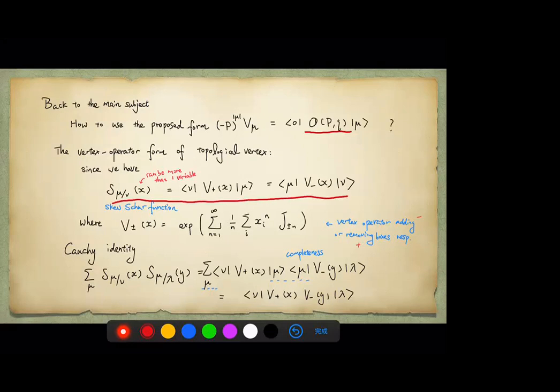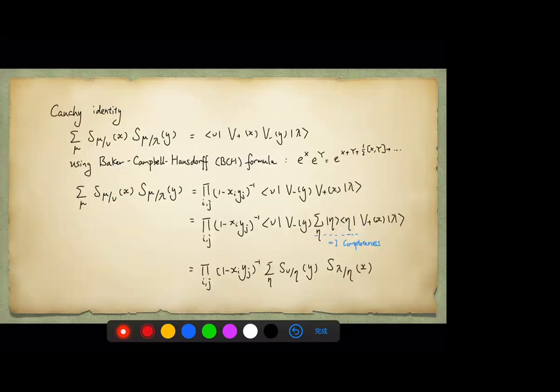For example, in the derivation of the Cauchy identity of the skew Schur function, we can substitute in the vertex operator form of the Schur function, and we do the summation by using the completeness of the Fermionic bases, and it reduces to this kind of expectation value of the vertex operators.